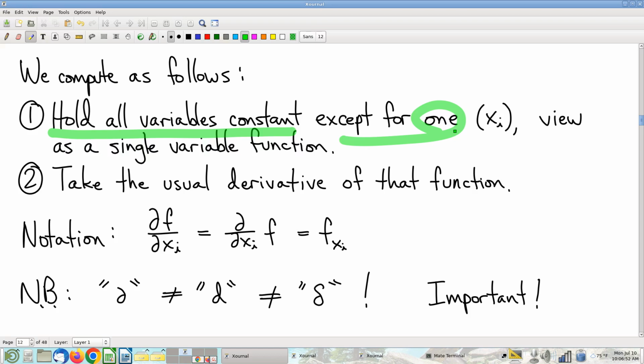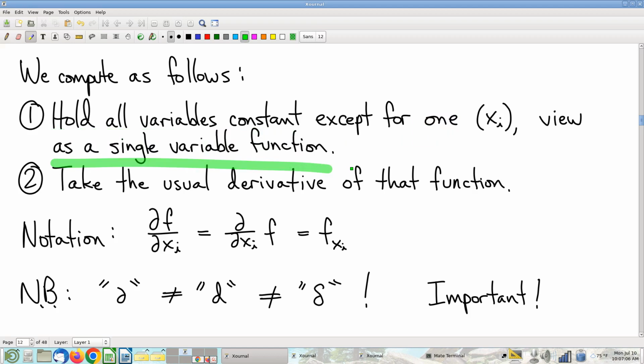They're not really variables anymore. Now they're just constants in your equation, right? And so effectively, by playing make-believe and pretending that all your variables are constant except for one, you turn your multivariable function into a single variable function, and then you can just take the derivative the usual way, this regular old derivative.